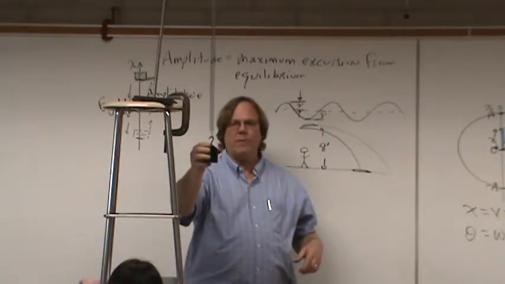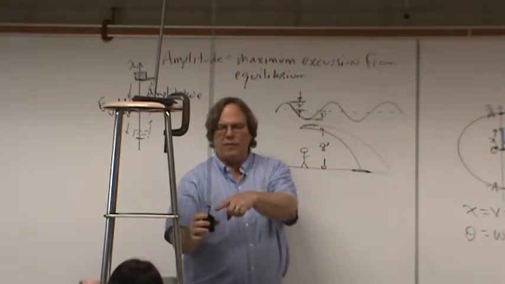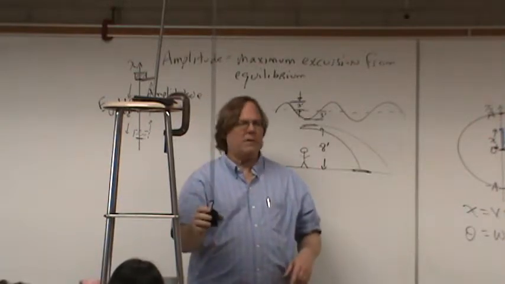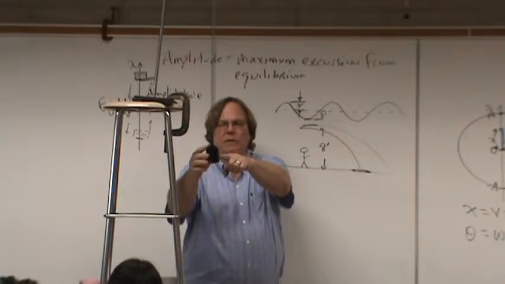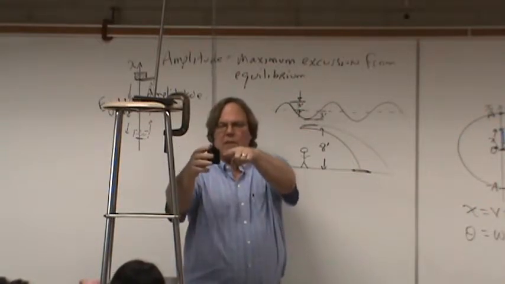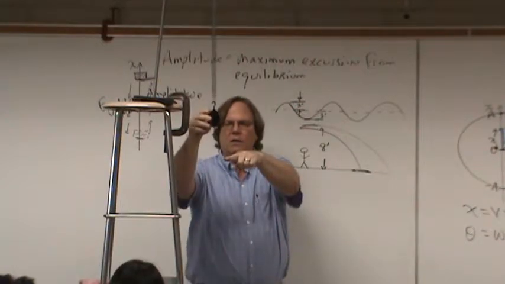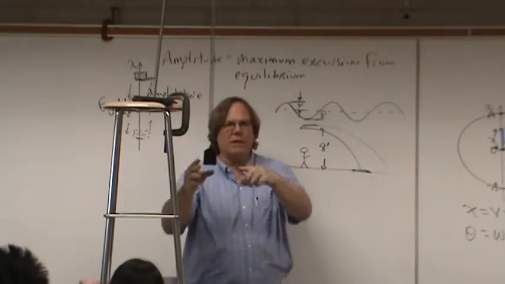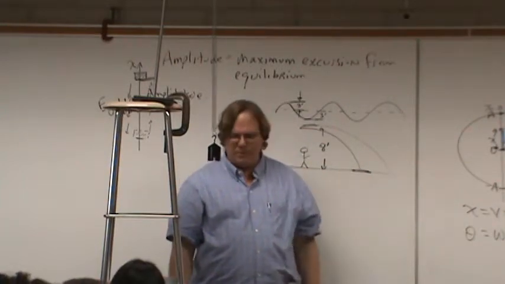That'd be 1 cycle. But if you're the type of person who likes to key on the bottom, that's okay. 1 cycle would be from here, up to there, back to there. If you're someone who likes to key on the center of things, as this thing is going down, let's say, then 1 cycle would be for it to go, and that would be 1 cycle. You return to your original point going in the same direction.